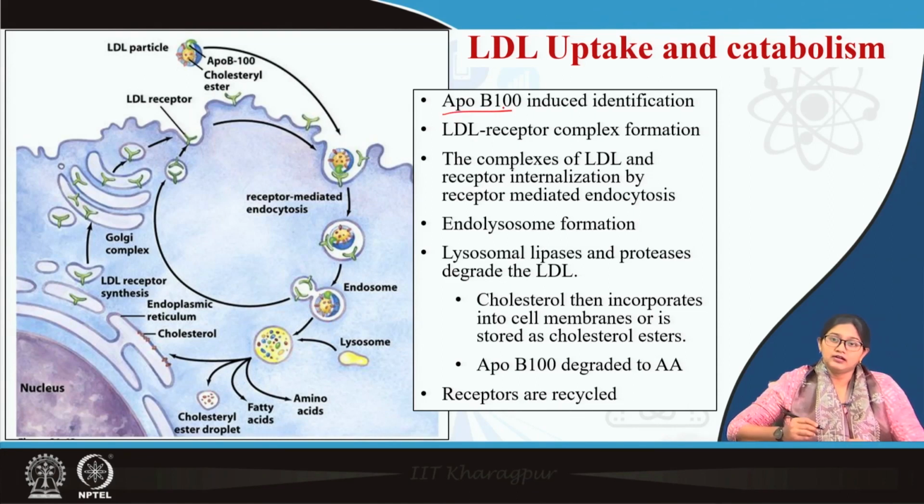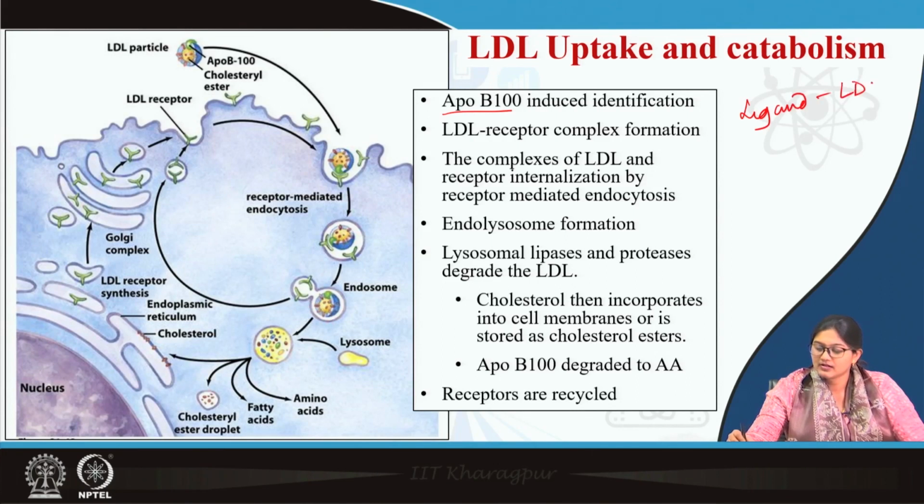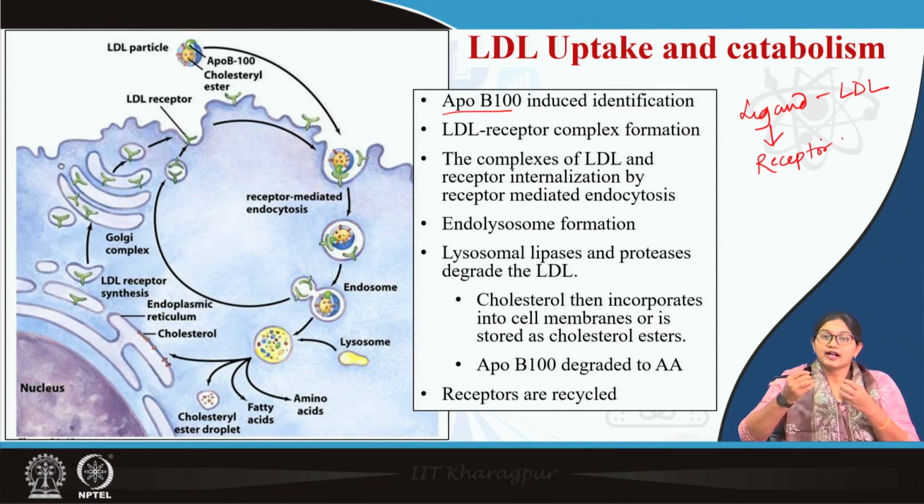Now, definitely there is receptor ligand binding, and here the ligand is the LDL, remember. So, this ligand is bound to the receptor, and that receptor ligand complex is endocytosed by receptor mediated endocytosis.